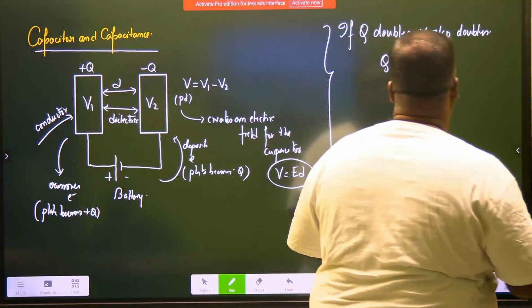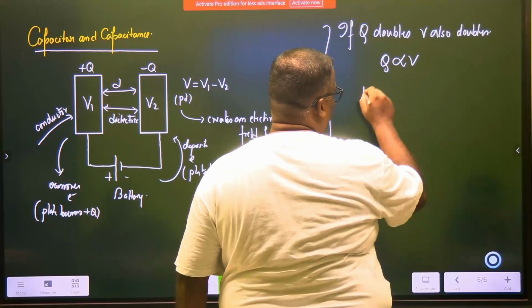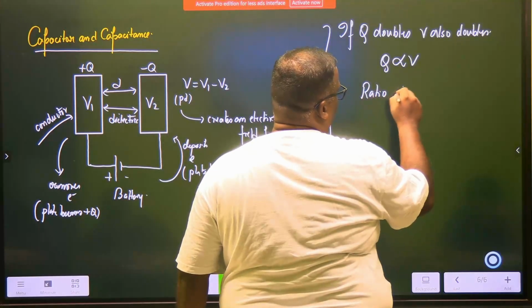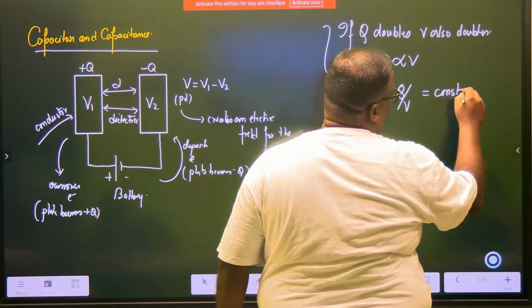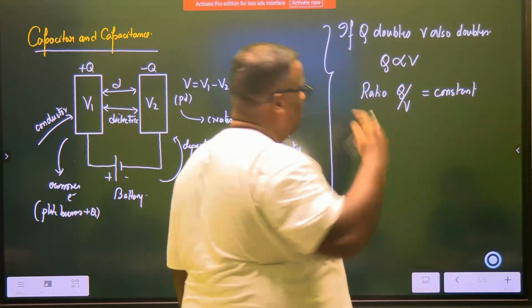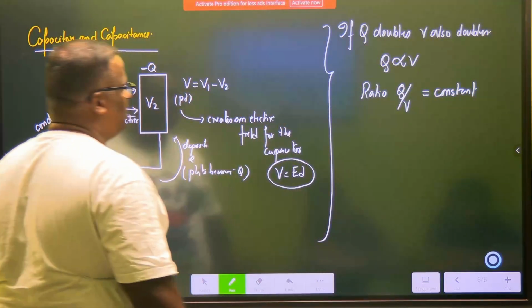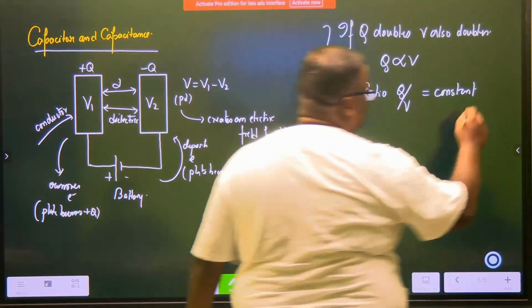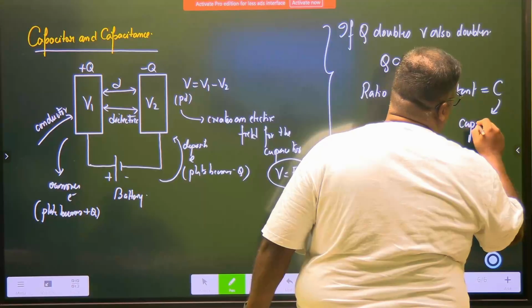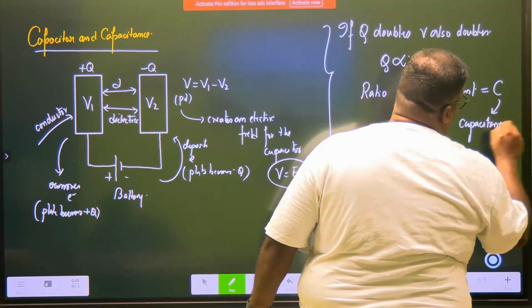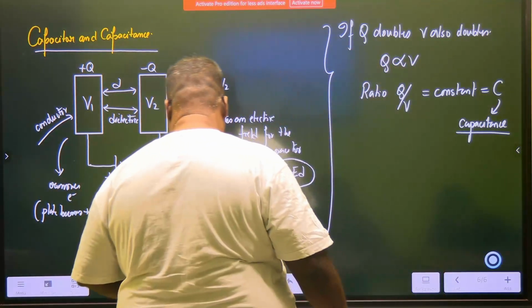Okay. So the ratio of Q upon V is always constant. This is from the proportionality study. And this constant ratio is known as C. C stands for capacitance.